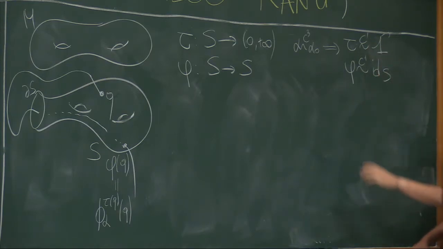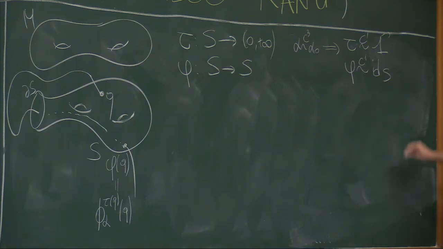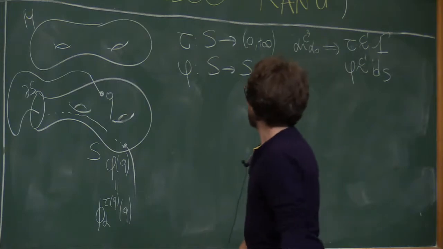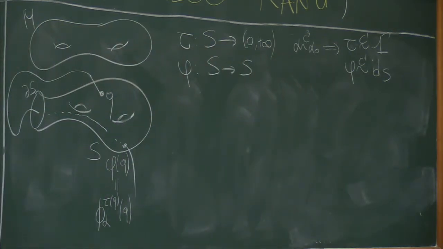Also, if one can get this C1 topology with something less, then it's better. But here, we want to arrive at the C1 topology. Okay, so this is phi and tau.